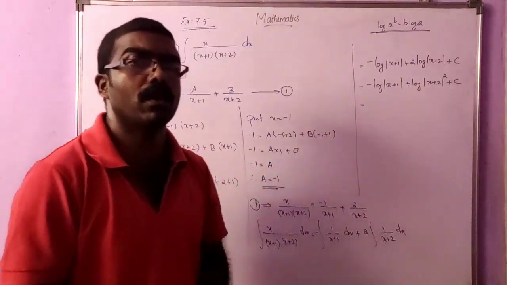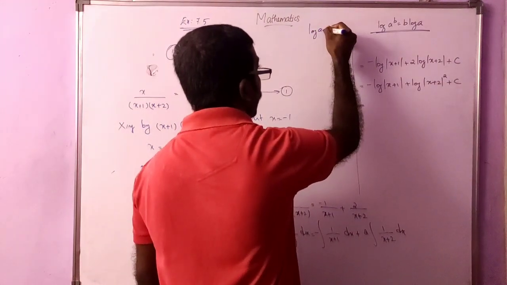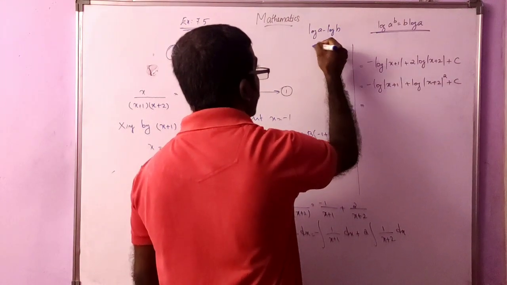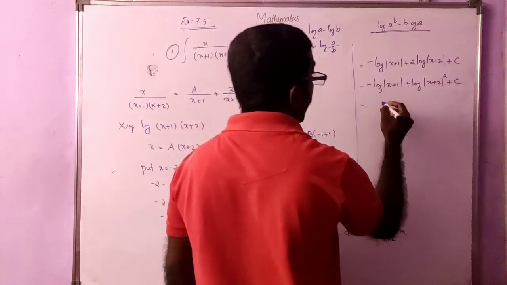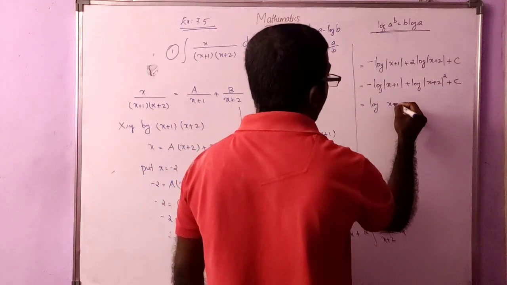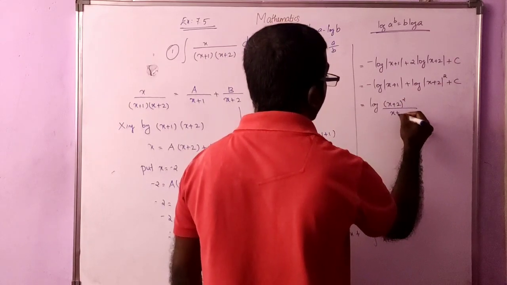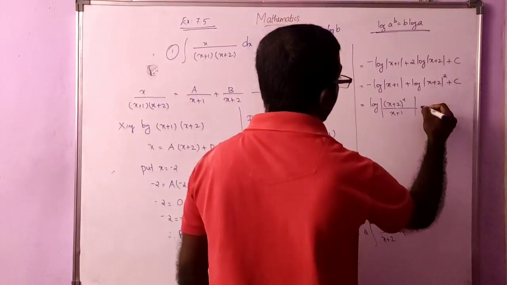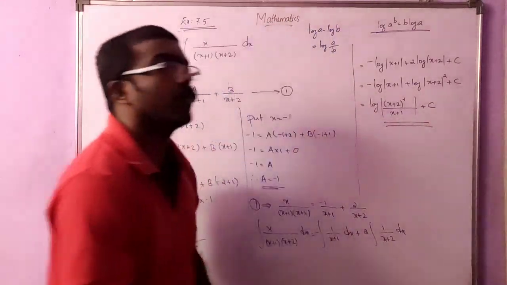Log a minus log b is equal to log a by b. So here we can write log x plus 2 whole square divided by x plus 1, plus c. So this is our final answer.